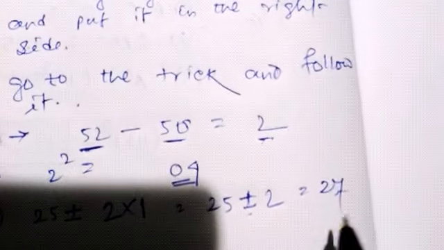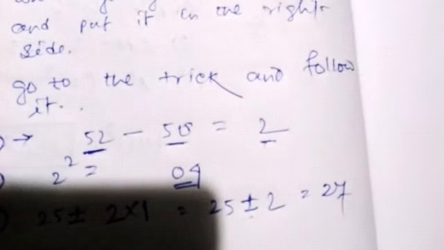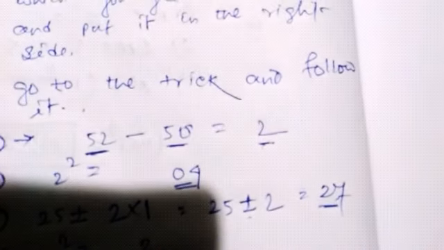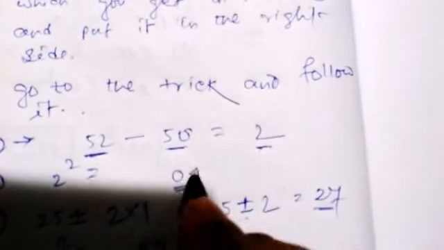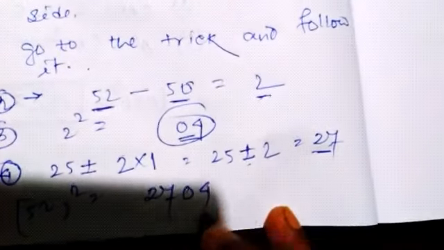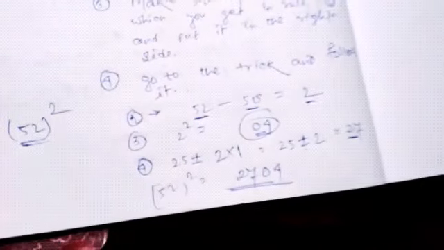So the 52 square should be first 27, then 04. 27, then 04. This is the answer. Hope you have understood.